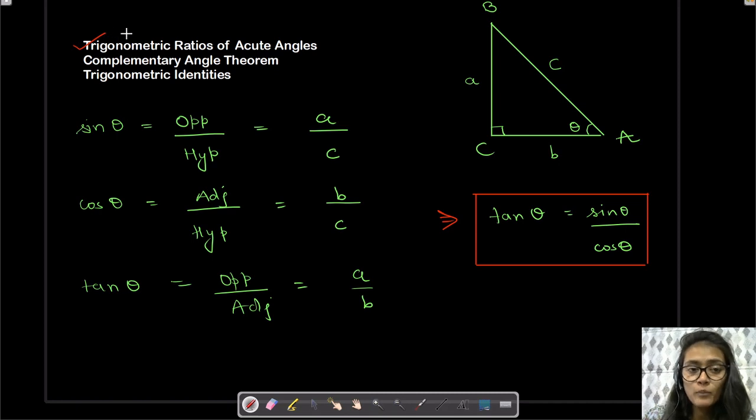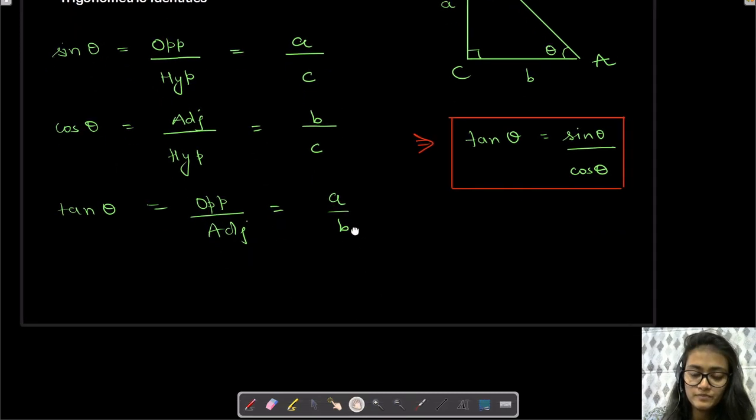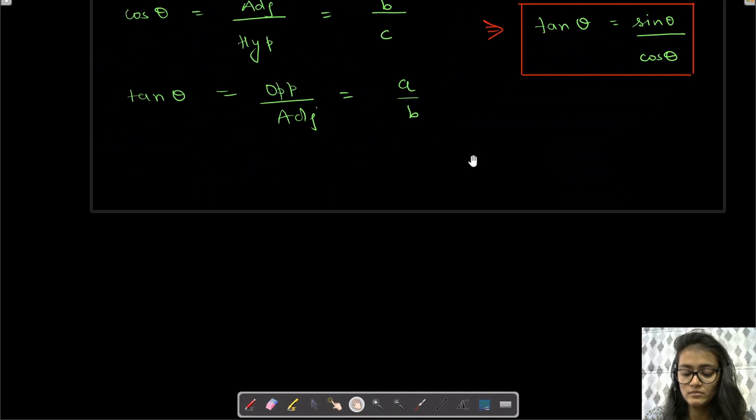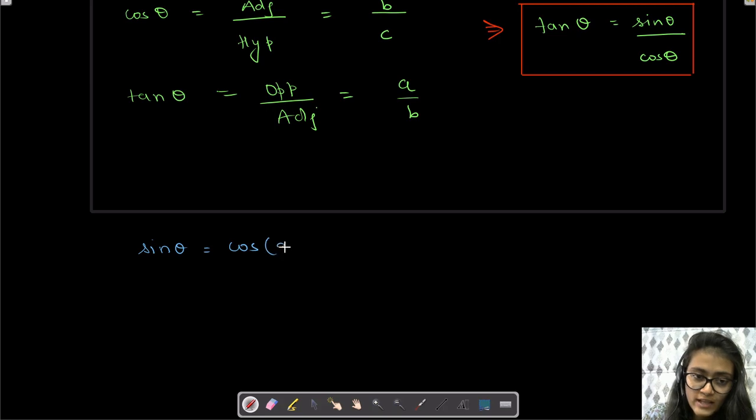Second, we have complementary angle theorem. So complementary angle theorem says that your sine of theta is equal to cosine of 90 minus theta. Obviously in a right triangle. And cosine of theta is equal to sine of 90 minus theta.